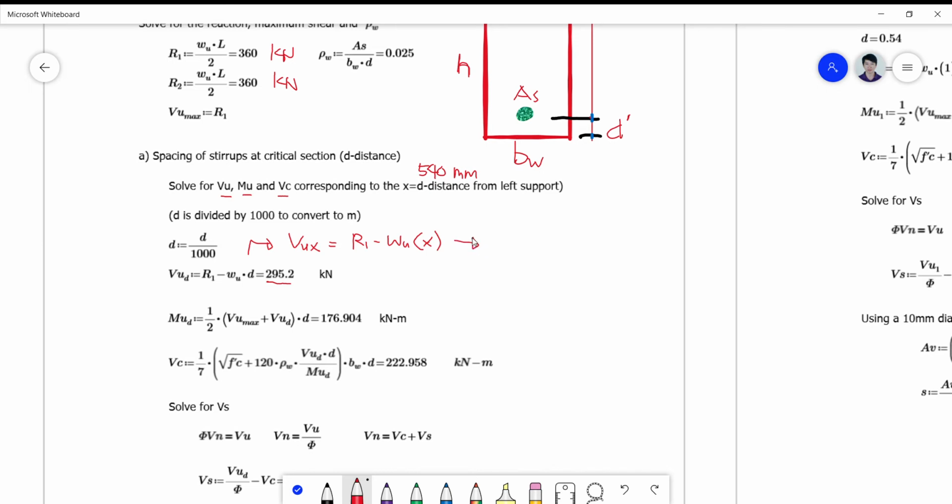Unfortunately, this formula is only good for simply supported beams with uniform loads at the entire span.